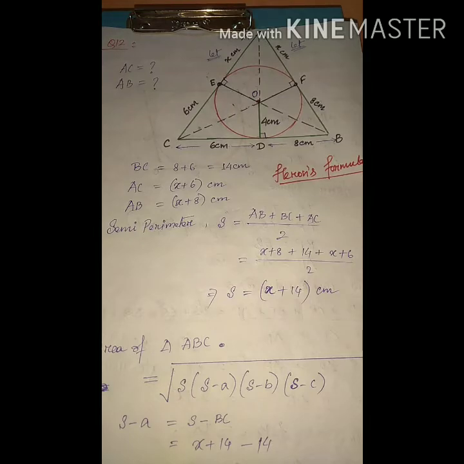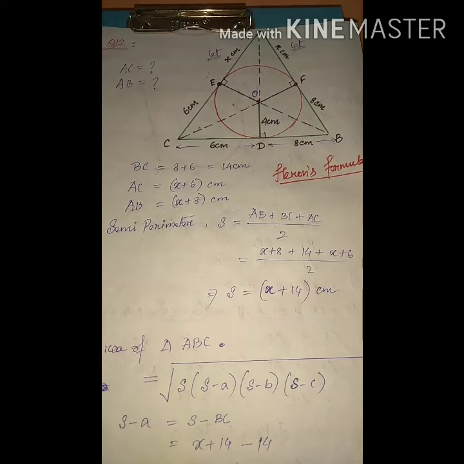In class 9 we learn Heron's formula, don't we? In Heron's formula, we need the lengths of the sides of the triangle: AC, BC and AB. We know BC is 8 plus 6, 14 centimeter, AC is X plus 6, and AB is X plus 8. So we write these three.